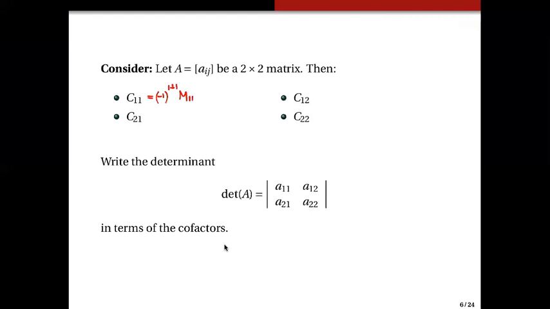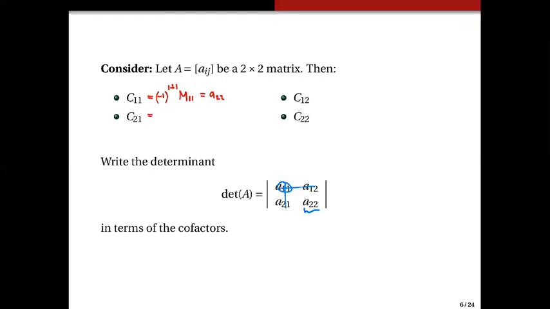If you look at this matrix, for the entry A11 we delete this row and column, and M11 is just the determinant of A22. Therefore, this is simply A22. Notice, negative 1 raised to 1 plus 1 is positive 1. That's why we only have A22 here.